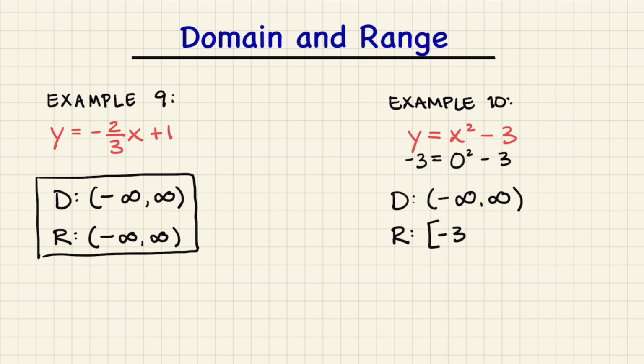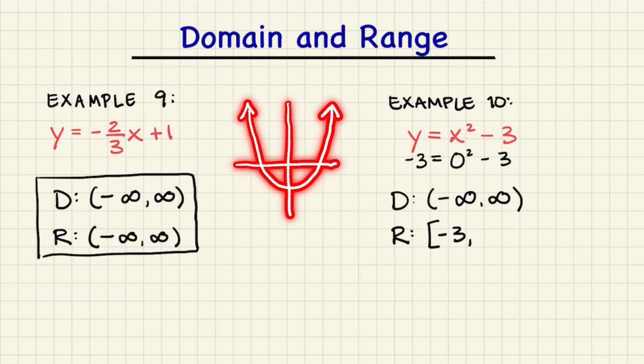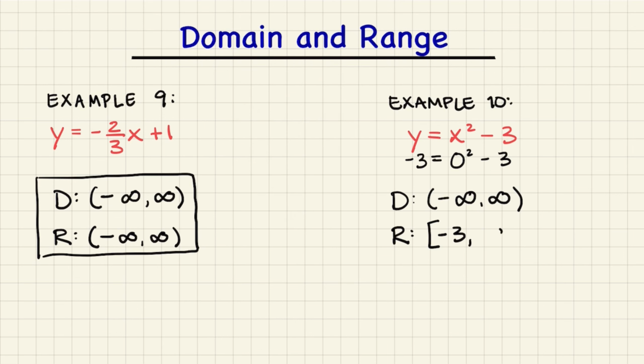So then our next number in the interval, if we think about our parabola, it continues in the positive direction infinitely. So it'll be positive infinity. And if we think about this algebraically, there is no number that is too high to plug into x.